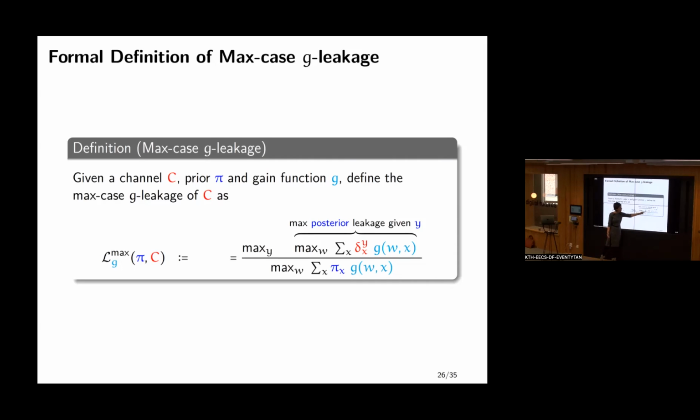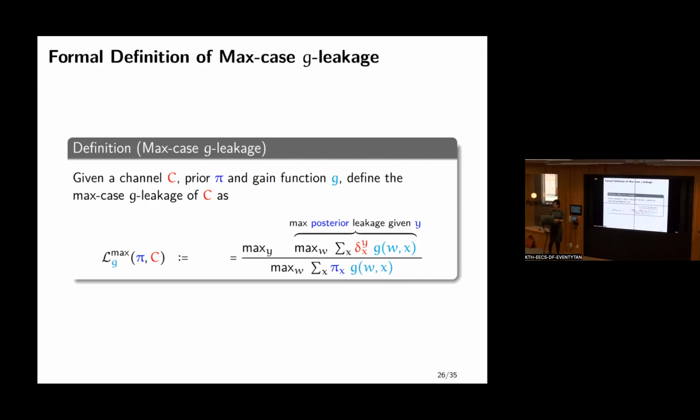So there is a gain function, there is a posterior probability. This is the action of the adversary trying to maximize, the best guess. And this is a maximum over all possible values of Y. This is breaking up the components, but it doesn't matter. We don't need to understand this, just that there exists a maximum leakage definition.